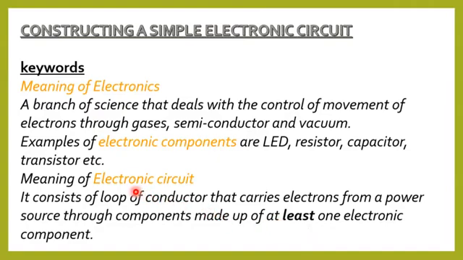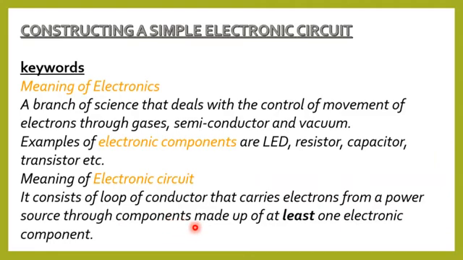Now, what then is the difference between electronic circuit and electrical circuit we looked at in our earlier lesson? We said electrical circuit consists of a loop of conductor that carries electrons from a power source through components.